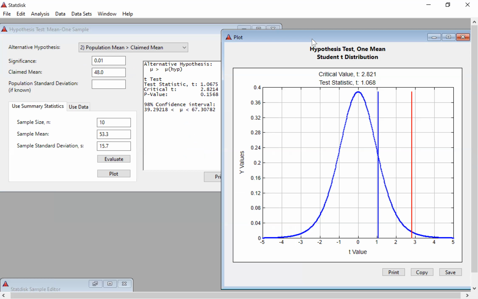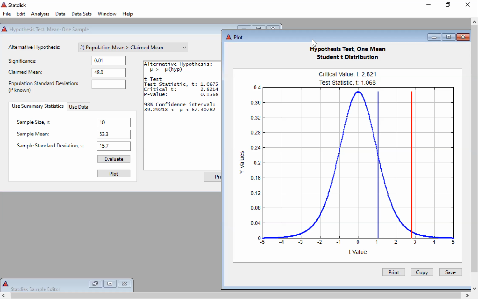What we see is our critical value on the graph here is in red, and our test statistic, the blue line for that, is coming in right around 1. It is not off in the tail. Our sample result is just over 1 standard error away from our claim of 48.